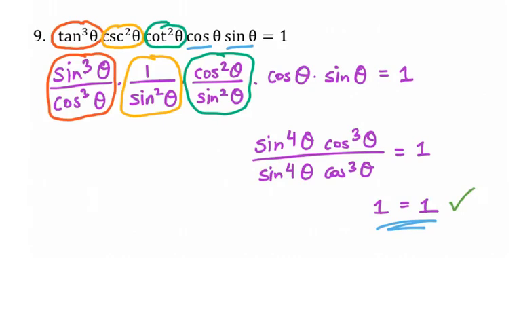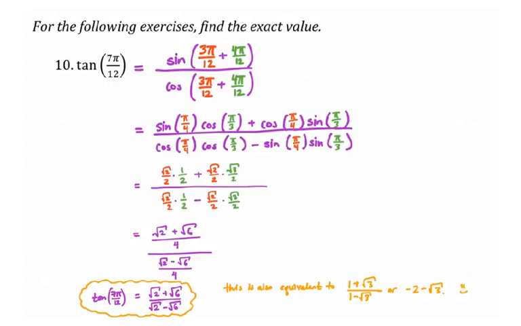The last two problems are going to come from the sum and difference identities, so we'll take a look at those next. Problem number 10 was actually done in class a couple times, both during lecture and then on the exit slip. So I'm not going to spend too much time in this video reviewing that problem since we've done it twice now.